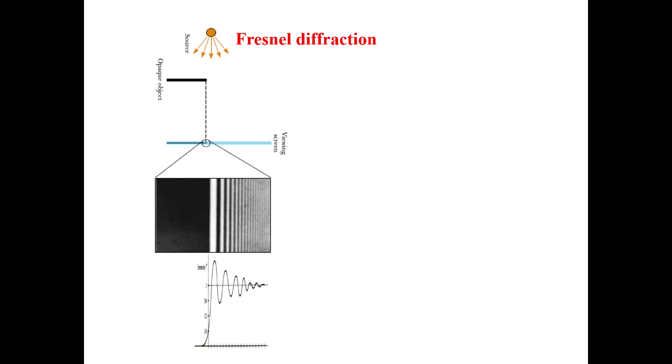In Fresnel class of diffraction, one can observe light in the region where full darkness is expected. Here, this is the aperture and this is the light source, and this is the region where full darkness is expected, and this is the region where full light is expected. But if we magnify this region, then we see this pattern of the light intensity.